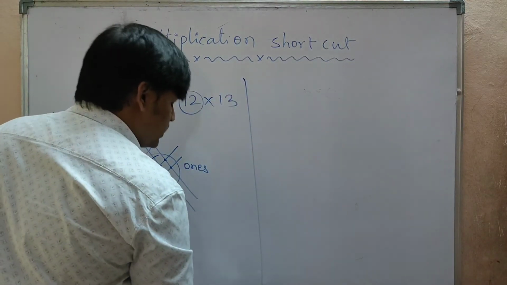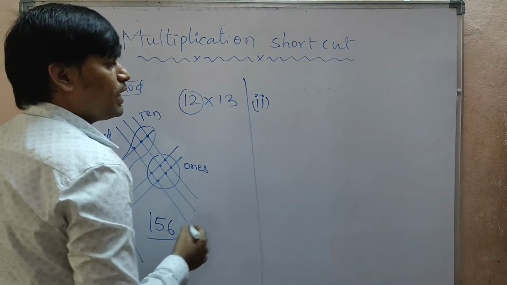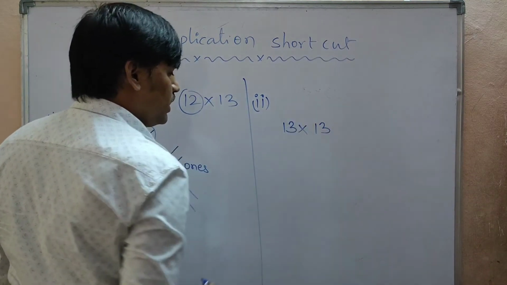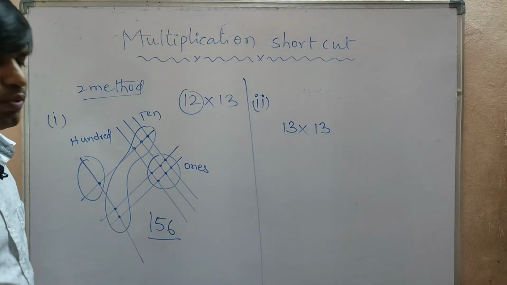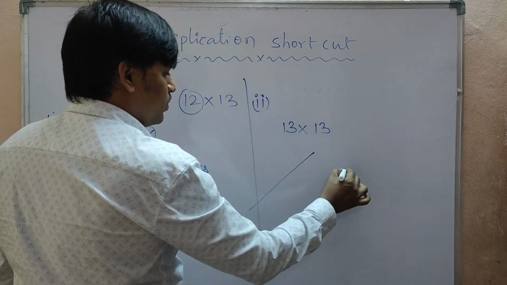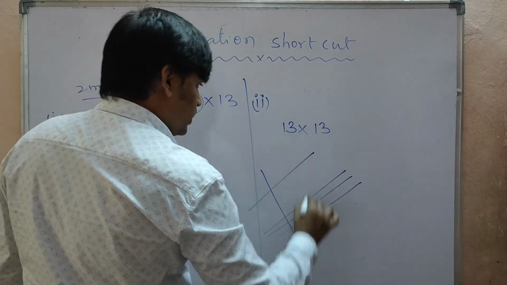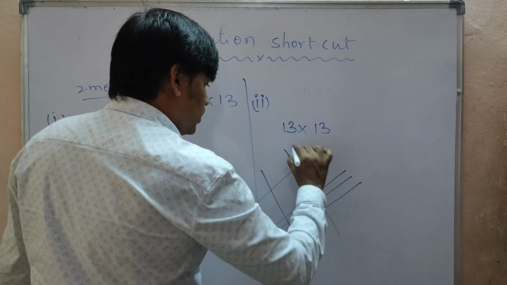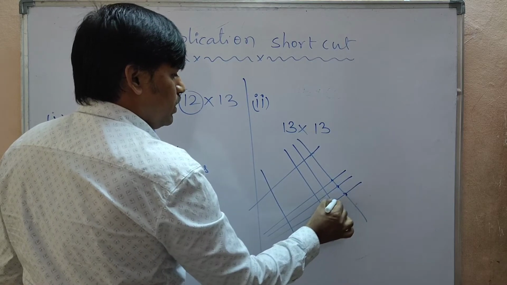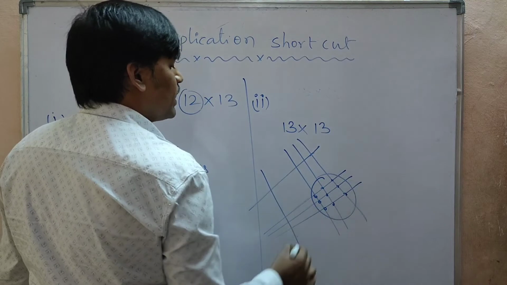Now you can observe your second problem. Okay, what is that one? Now I am taking here 13 into 13. 13 into 13 is equal to how much? You should observe here. Now you are taking 1, next 1 2 3, here 3 ones are there, 1 2 3. Here 1 2 3 4 5 6 7 8 9, total here 9 points are there.